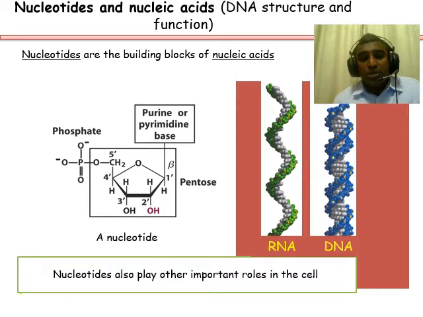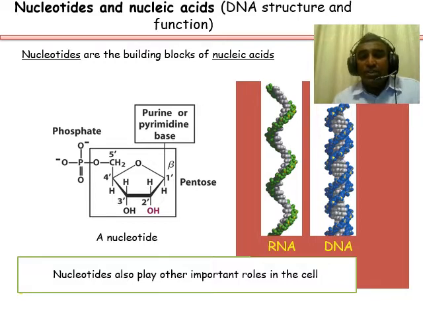But in terms of the sugar, you will see here the OH at C2 prime. If it's OH, then it is ribose sugar. But if the OH is replaced with hydrogen, then it's a deoxyribose sugar. So that's the difference in terms of the sugar.